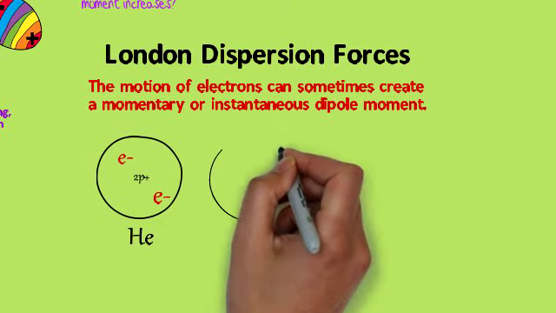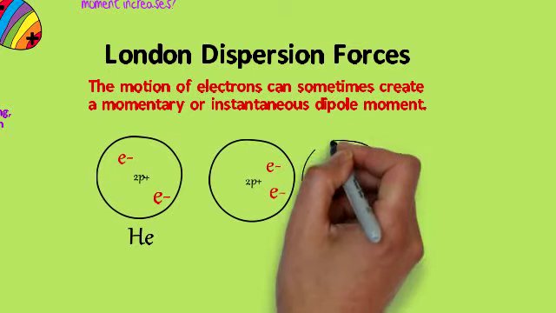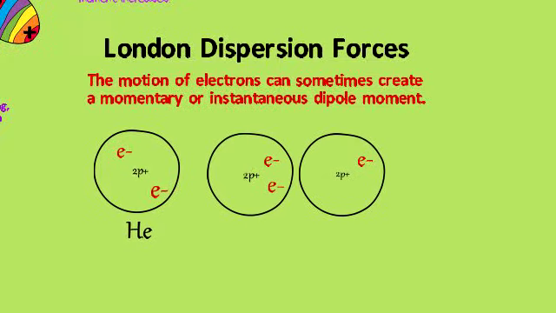On occasion, these 2 electrons can find themselves on the same side of the atom, creating a little area that's slightly negative and the other side slightly positive. If another molecule, another atom is next to it, it can force the other electrons to be repulsed. They will be on the other side.